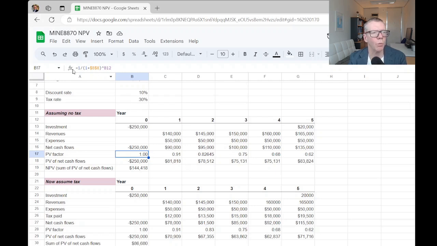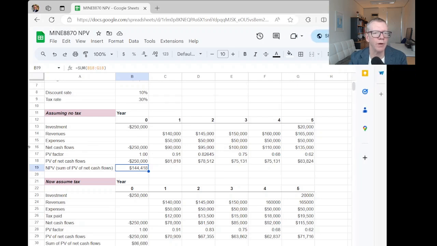So it's the 1 divided by 1 plus r to the power of n. So n's the number of periods that we have. Again, we get the present value factors, and we multiply each year the net cash flows by the present value to get the present value of each of our periods' net cash flows. We then add all of those up, and we end up with our net present value of 144,000. So if that was the only decision that we'd be taking, then we'd be accepting this proposal.